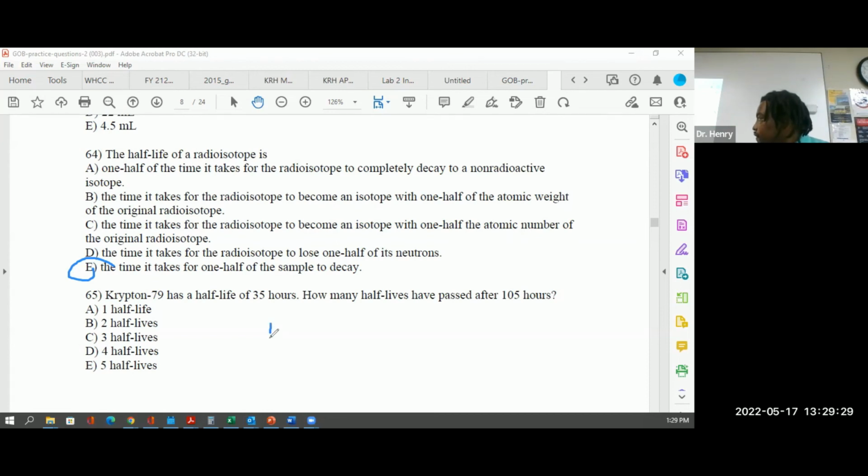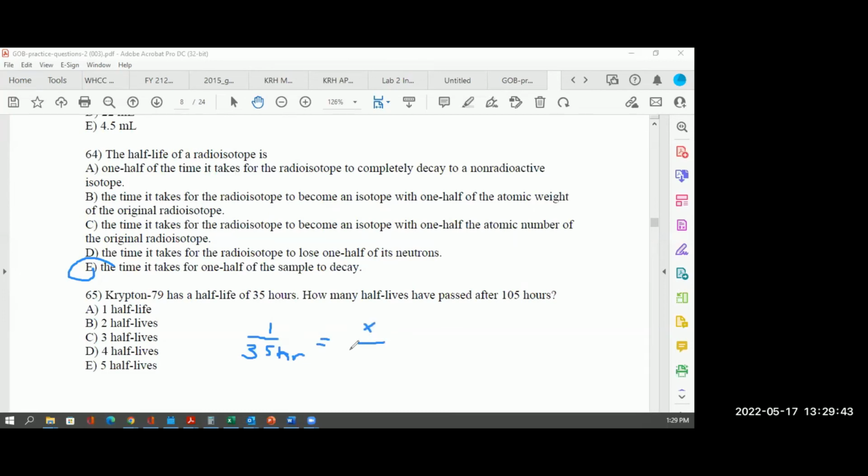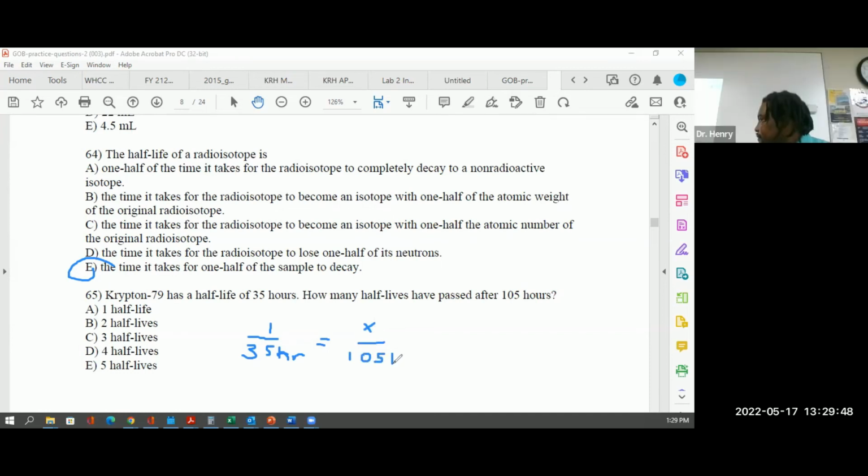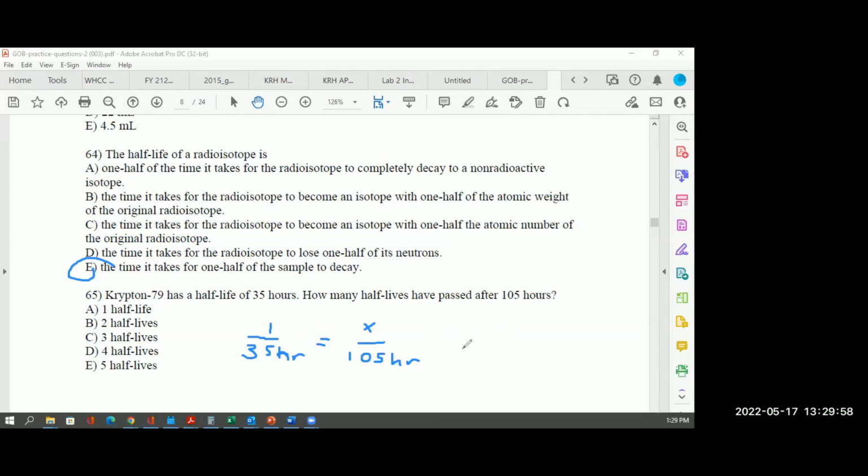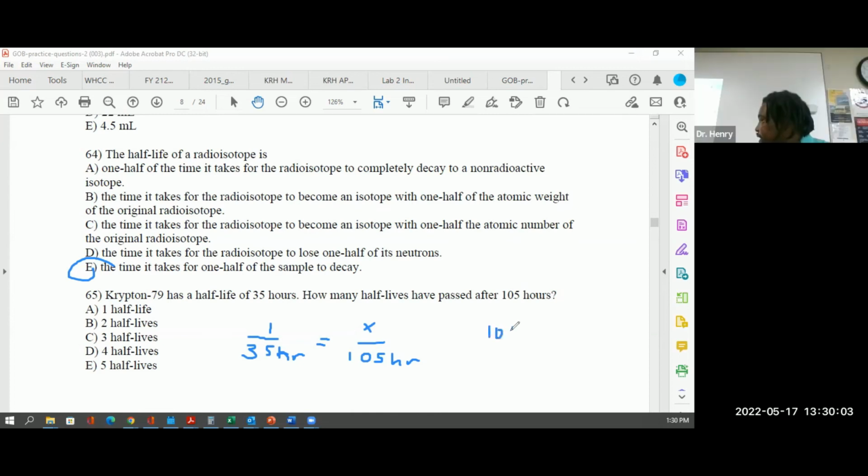So if one half-life is going to be 35 hours, then X half-lives is going to equal 105 hours. So let's solve for X. Would it be 105 divided by 35? Yep, 105 divided by 35.